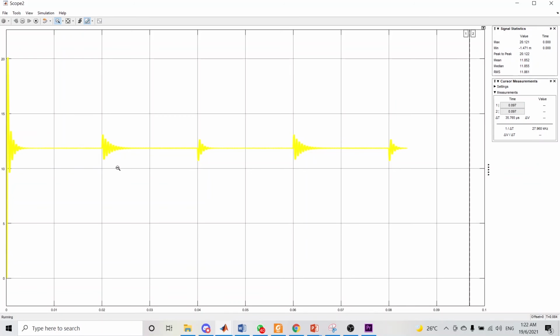As we can see, every 0.02 seconds there is a load disturbance, and there is feedback, and it reaches its steady state at 0.06 second, at 12 volts.